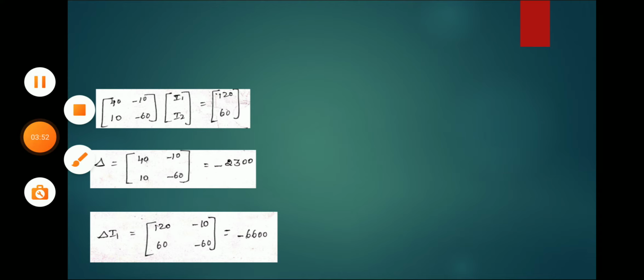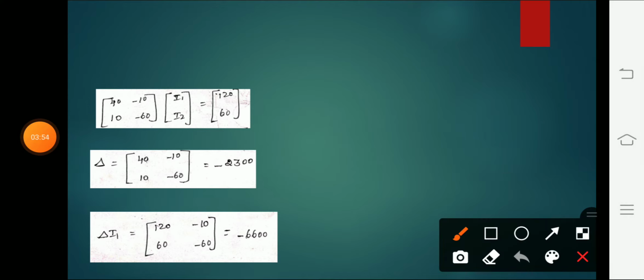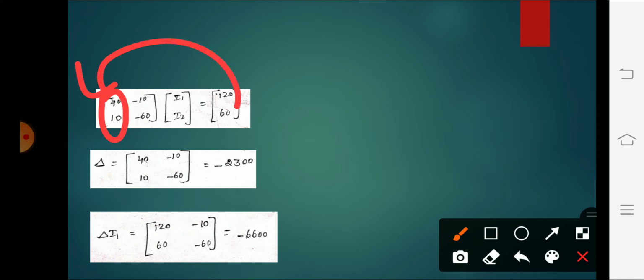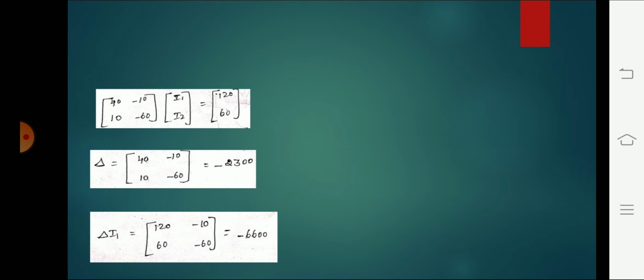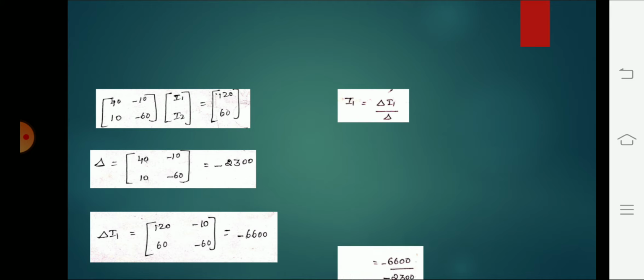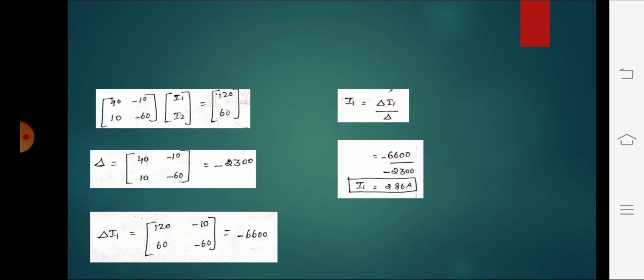Next we find delta I1. In delta I1, we replace the first column, 40 and 10, with 120 and 60. We get minus 6600. We know the formula: I1 equals delta I1 divided by delta. Substituting the values, we get I1 equal to 2.86 amps.